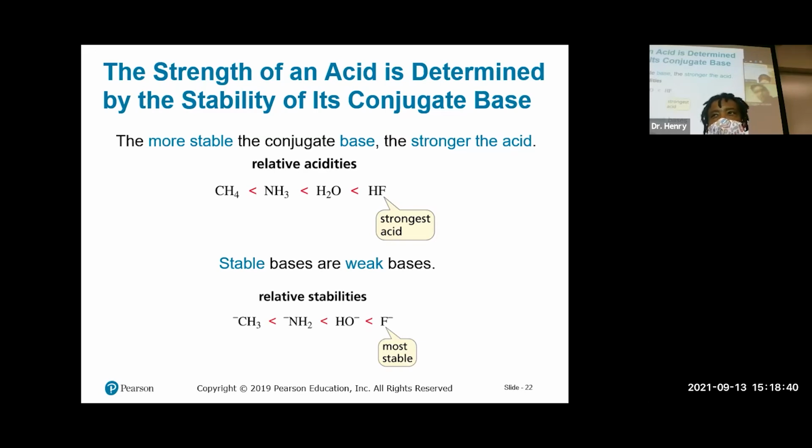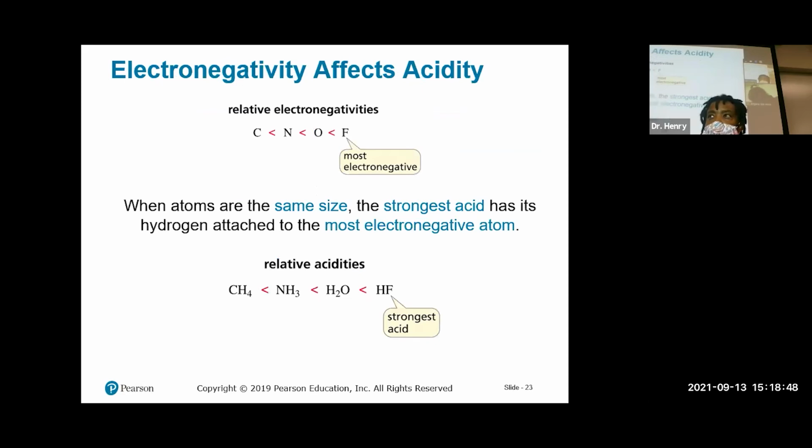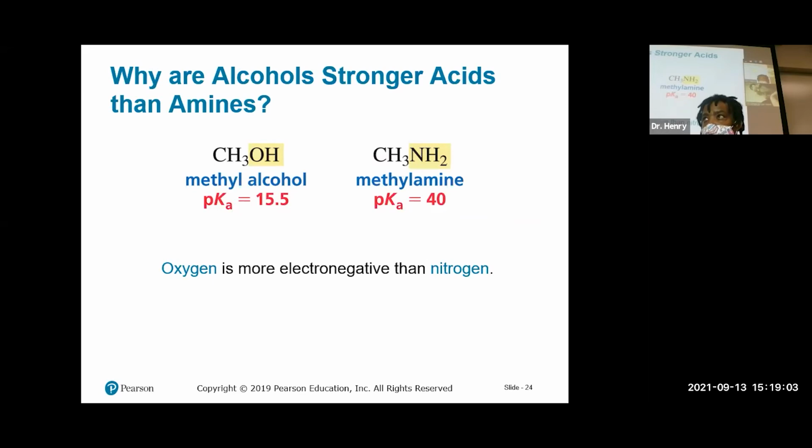So then that OH, that O particularly, is able to do what? It's able to hold on to the H, okay? Where the N is less. So when we say it, oxygen is more electronegative than nitrogen, right? So it's able to have a stronger connection with them. Okay? And so we look at our pKa's, 15.5, stronger, or is it weaker? Stronger.